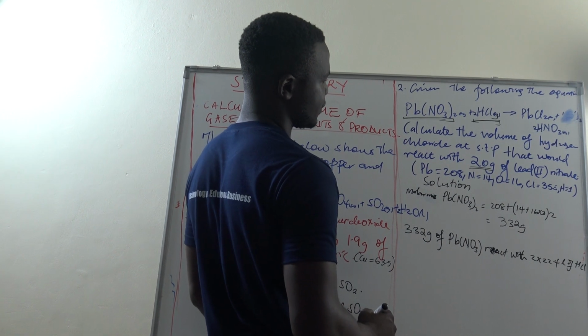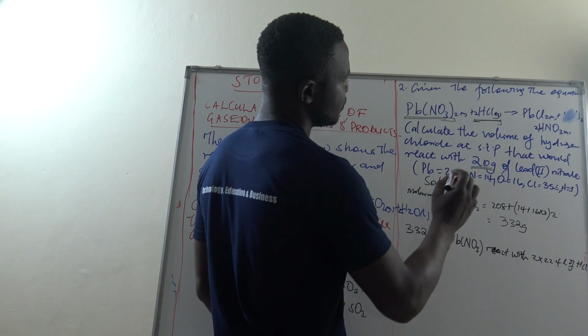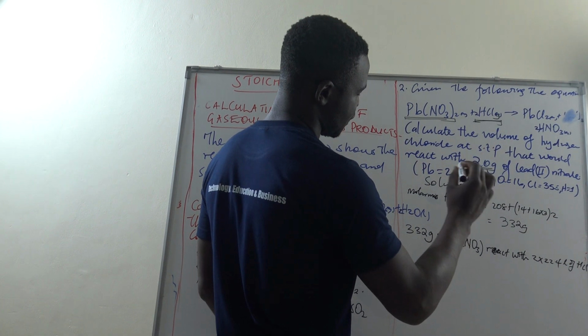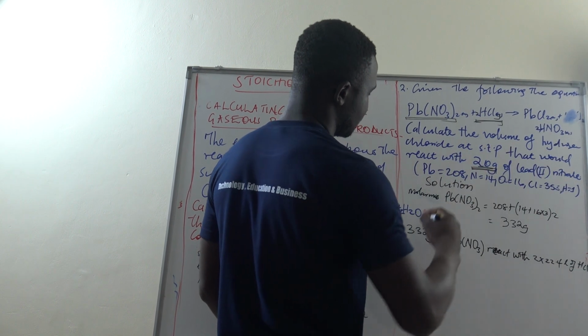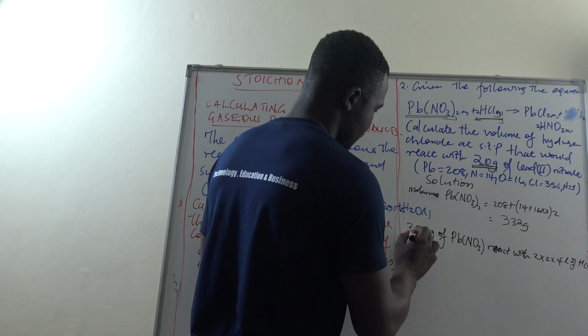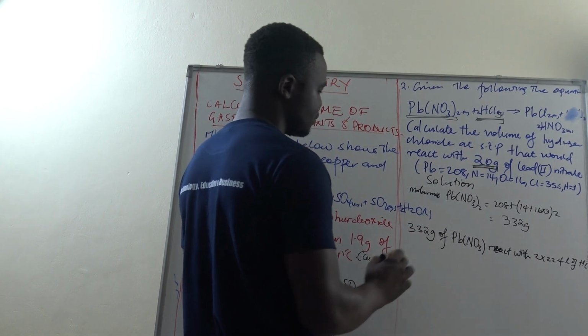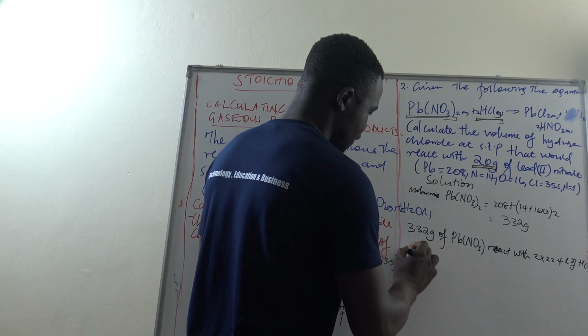Now they asked, calculate the volume of hydrogen chloride. Now they say we have 20 grams of lead 2 nitrate reacting with the HCl. If 332 grams give us this volume, what of 20?